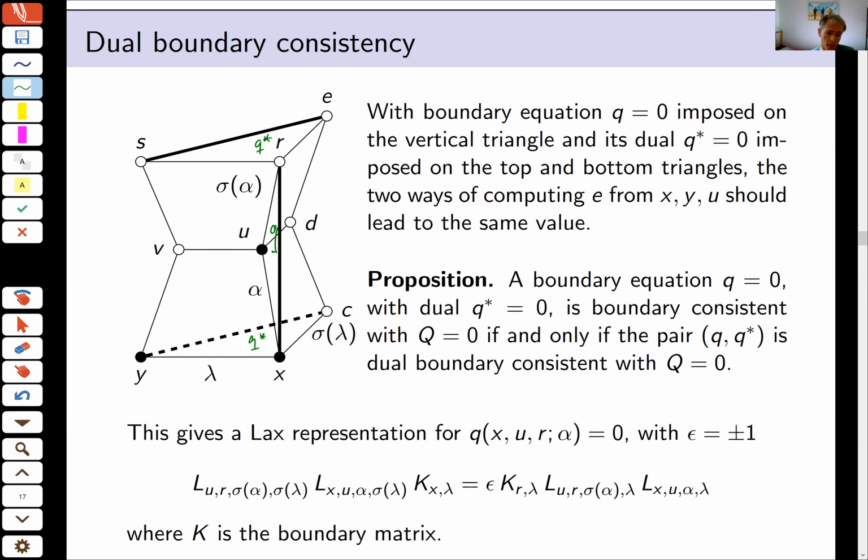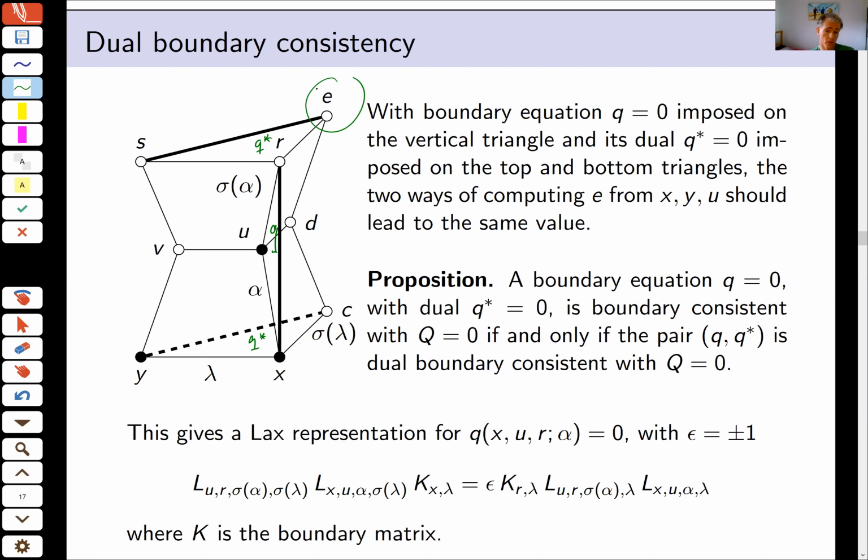You can start with x, y, and u, and you can calculate all points using all the equations on the quads and the triangles, and there will be two ways of calculating that point E here. If they lead to the same value, we have a consistency condition. This consistency condition is equivalent to the previous one. So the consistency condition for the ordered pair q, q star to be consistent is equivalent with q being boundary consistent according to the previous consistency condition.